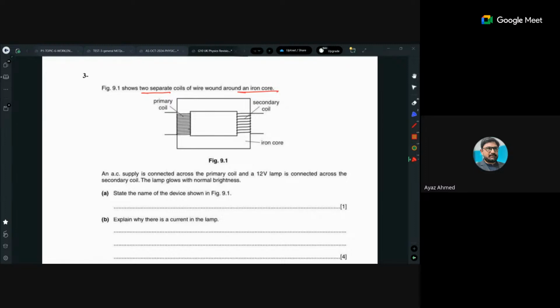There are two coils, one is the secondary coil, one is the primary coil. Do you see the number of turns on the primary coil are greater than the number of turns on the secondary coil? So it means it is step down, is it? Yeah. State the name of the device.